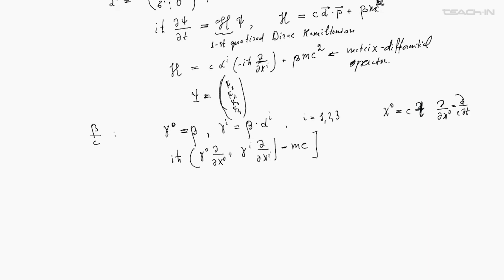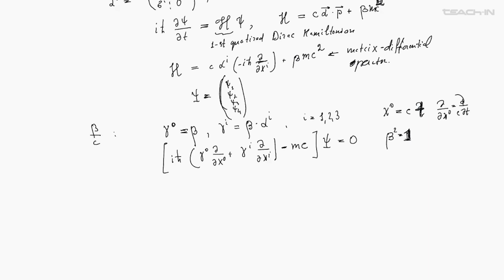You see matrix beta disappeared; before it was standing with mc, but then I multiplied the equation by beta from the left and used the property that beta squared is equal to the identity matrix. Then beta disappears, and this is how the equation looks.